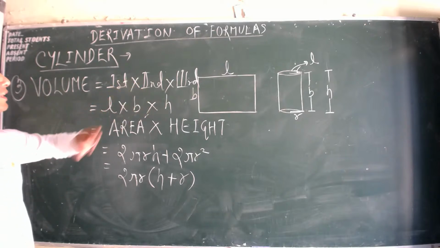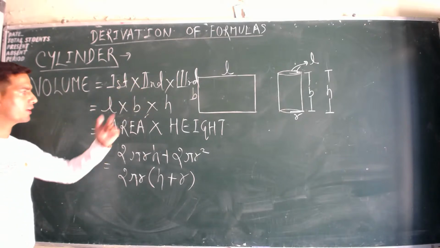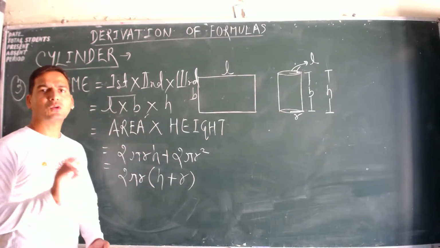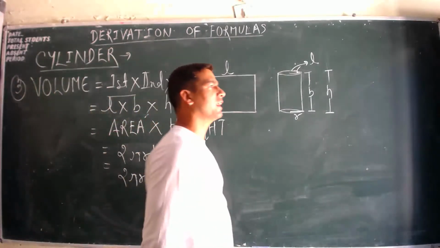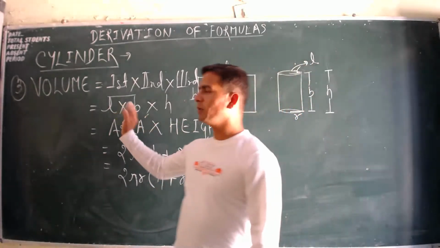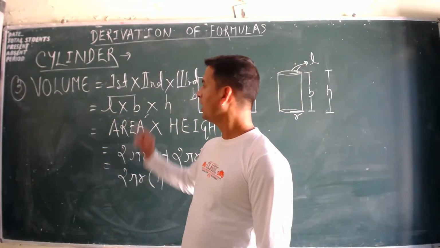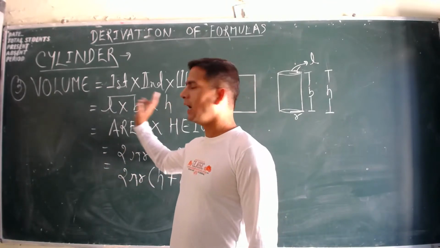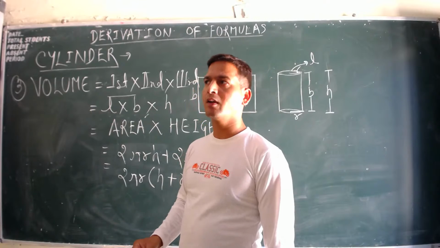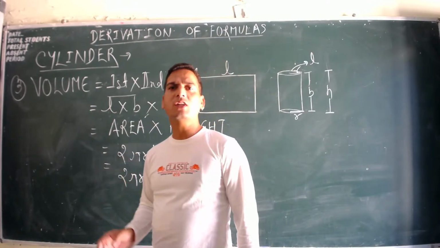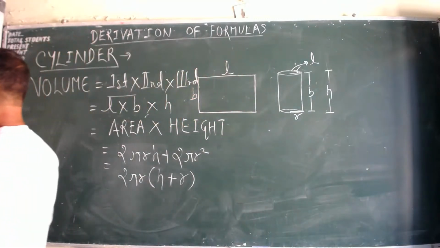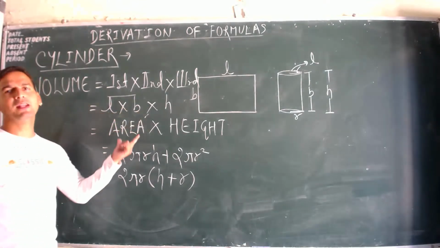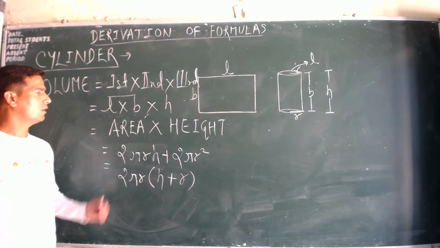Let the first side be L, second B, third H. Now L into B, if we take two sides, it will give you area. Whether it is L into B, this will be area. Whether it is B into H, also area. Whether it is H into L, again area. The product of any two sides you can take as area. Clear? But generally we say length into breadth will be the area of a rectangle.